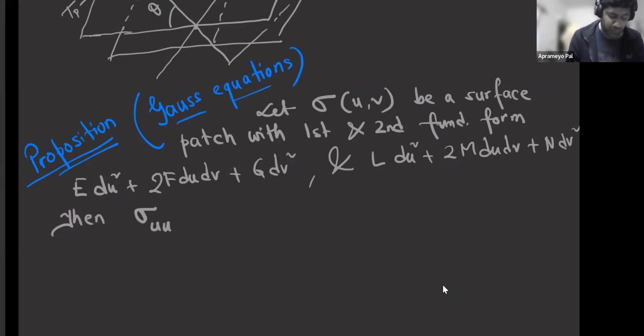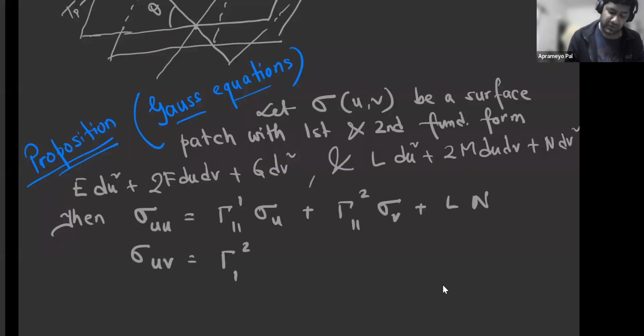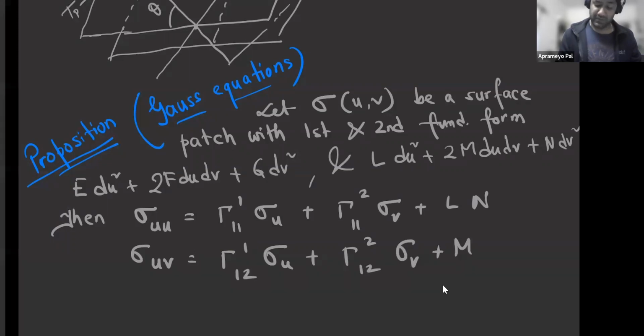which are like sigma uu is gamma 1 1 1 sigma u plus gamma 2 1 1 sigma v plus L times n, and sigma uv is gamma 1 1 2 sigma u plus gamma 2 1 2 sigma v plus M times n.